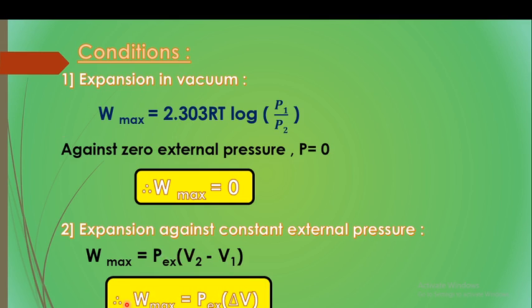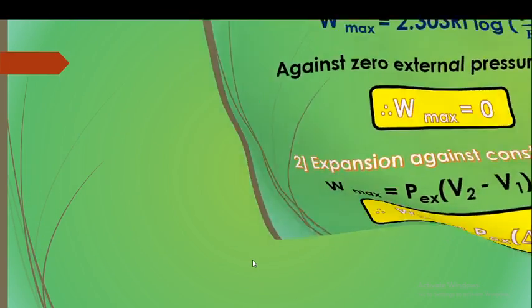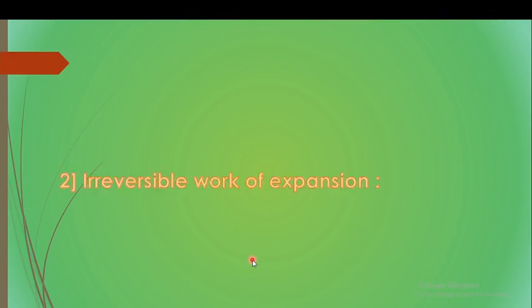So the maximum work done against constant external pressure is W max is equal to P external, the external atmospheric pressure, into V2 minus V1, which can be written as delta V. So these are the two conditions for the work done: expansion in vacuum and expansion against constant external pressure. Next is the irreversible work of expansion.